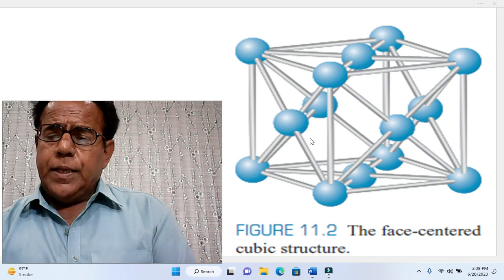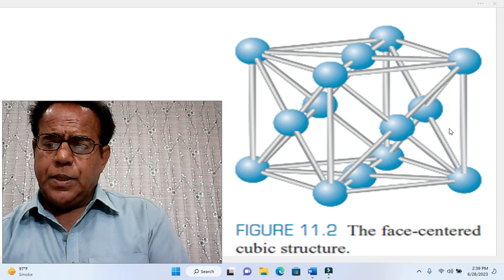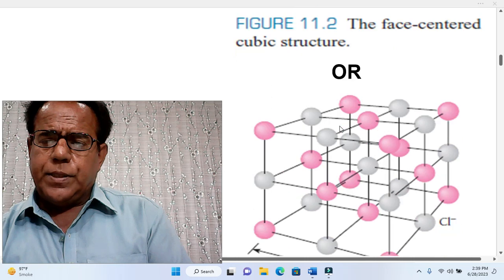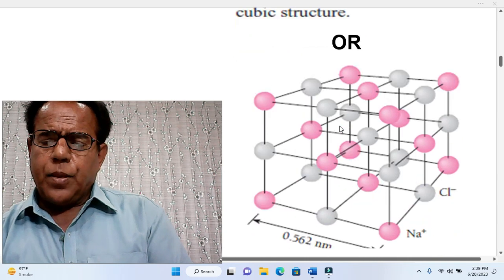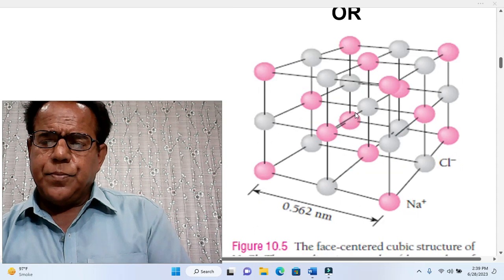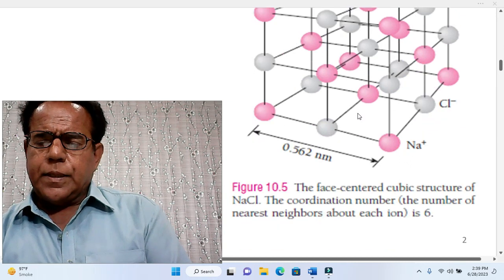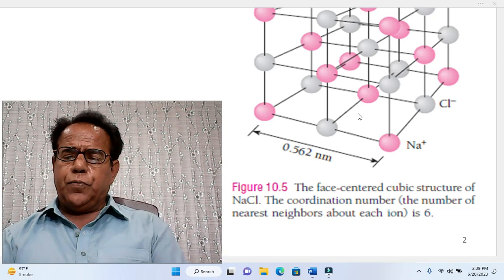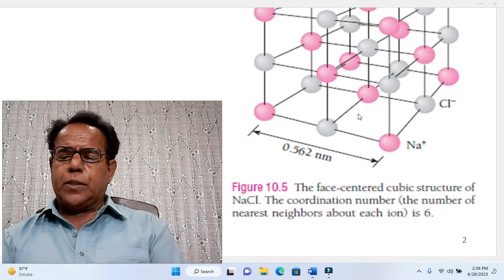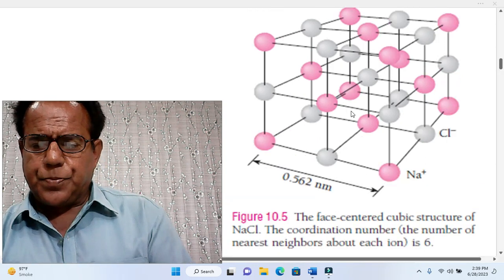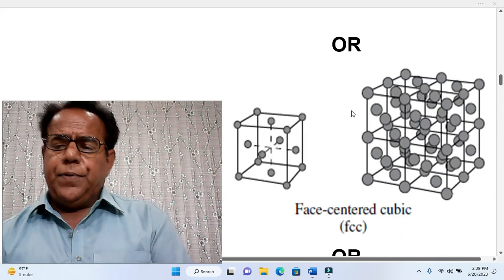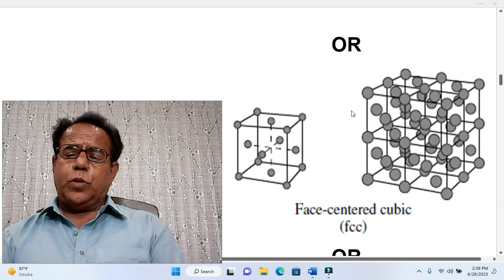Next version of this helping tool: the face centered cubic structure of sodium chloride. The coordination number, the number of nearest neighbors about each ion, is 6. Next version, face centered cubic, FCC.